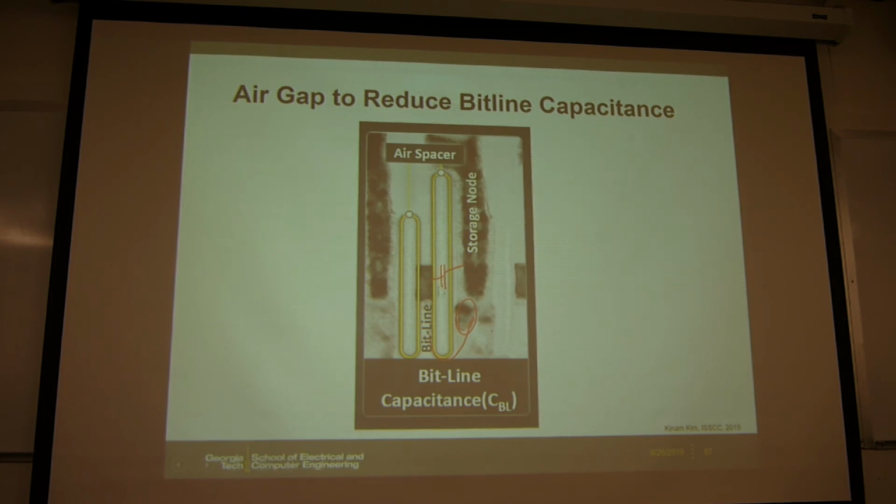And here the spacer is an air spacer. So basically you put nothing there. You need to etch out that space and make a void there. So then you can have the lowest K value. This was already introduced in 20 nanometer technology. I think it was first introduced by Samsung at the 20 nanometer node.